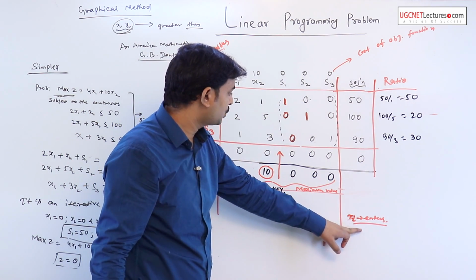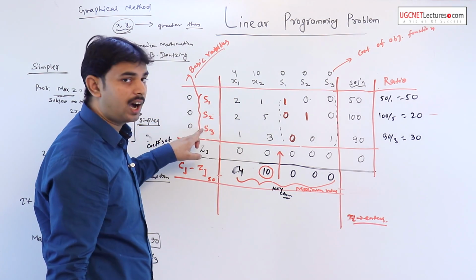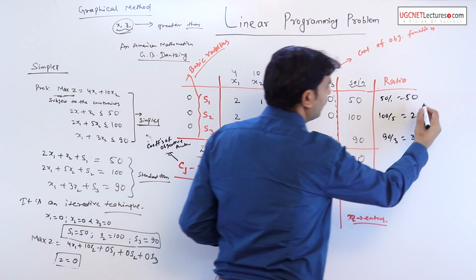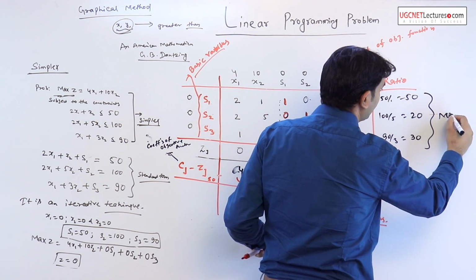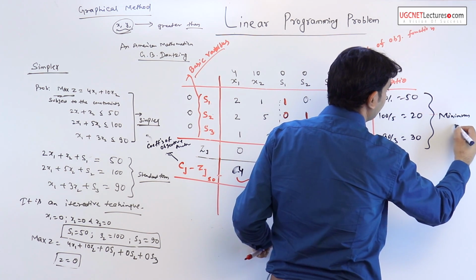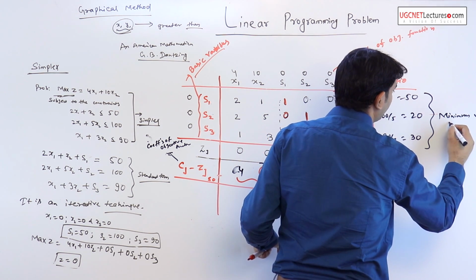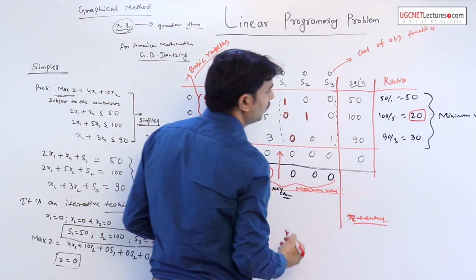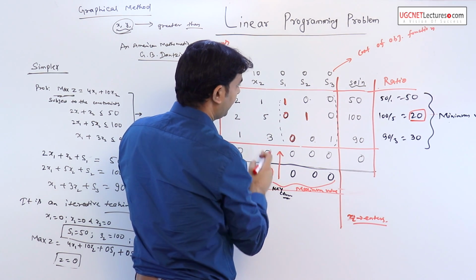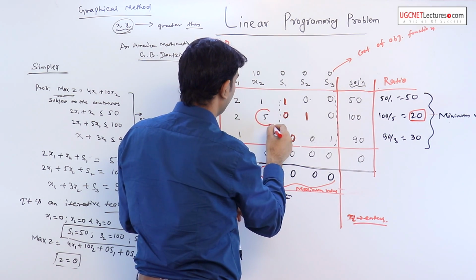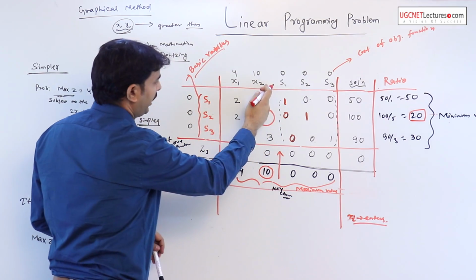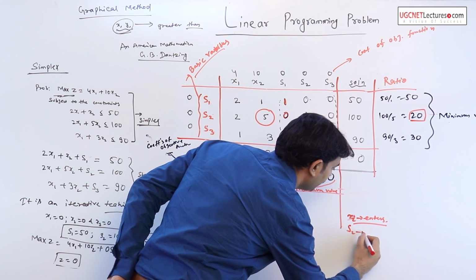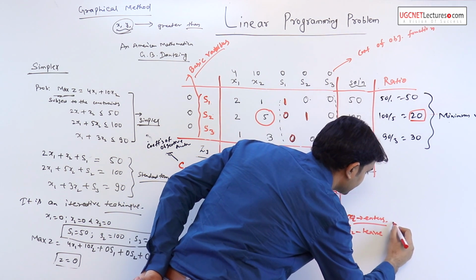We now know x2 enters, but which basic variable leaves? So for this, here we choose minimum among them. Here the minimum value is 20, so corresponding to this row, x2 will enter and S2 will leave from the basis.